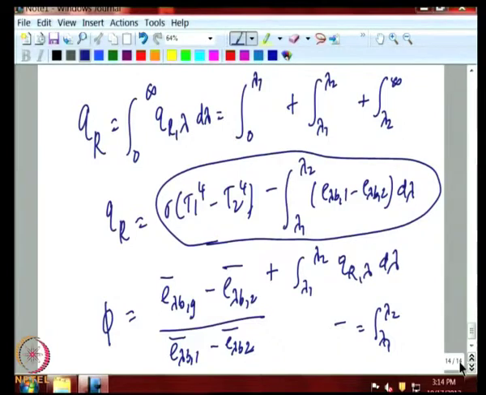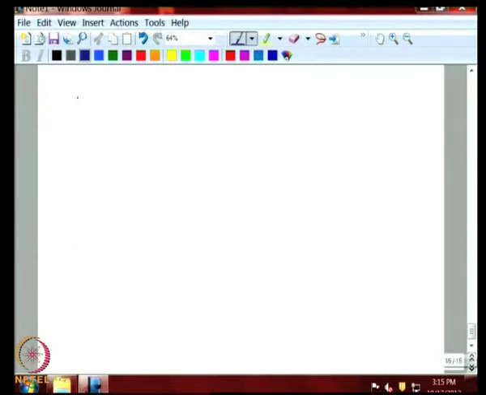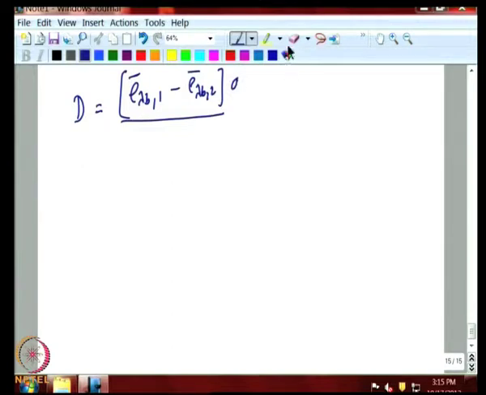in a simplified way. Before we do that, we would like to define a parameter which represents, so now we write down the parameter called d, which represents the radiative flux in the wavelength range where the gas absorbs and emits radiation, compared to the total.